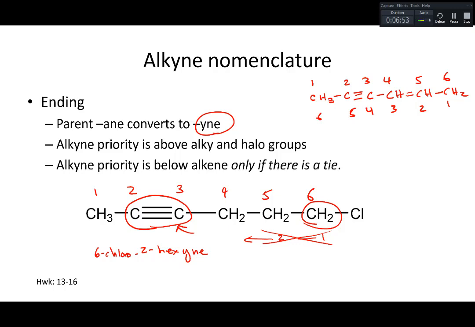And either way, either the alkene will get the number 2 or the alkyne will get the number 2. So if you have a tie, it turns out you give the alkene priority, but only if there's a tie. If there's not a tie, then whichever one gets the lowest number is the one that becomes the ending part of the name, and the other one becomes a secondary functional group in the name.